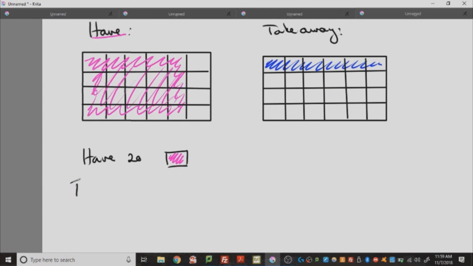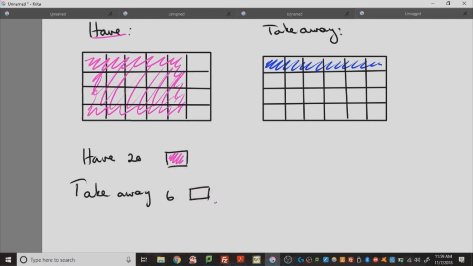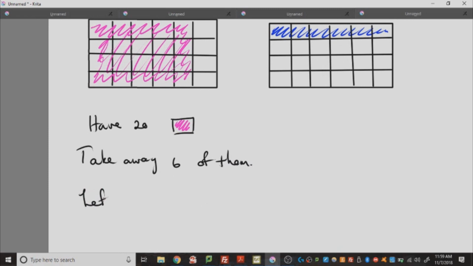Take away 6 blue. Well, take away, I'm just going to say take away 6 of them, and we're left with 14 pink little sections.